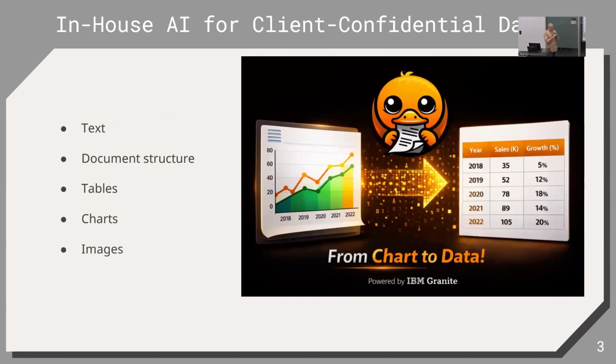When we look at a document, we're interested not just in the text, but also in the structure of the document, like the headings, the chapters, the subsections. I'm maybe overly interested in tables and charts and images, because together they encode a lot of meaning. If we're just extracting the text, we're missing a lot of that information.